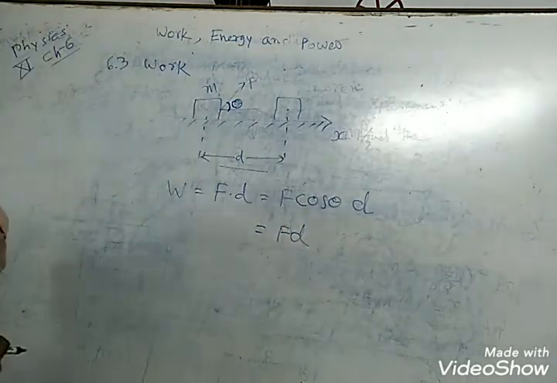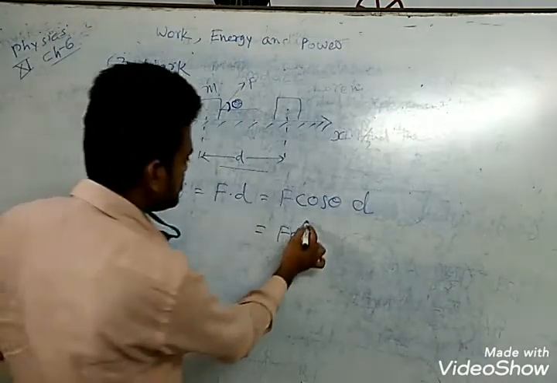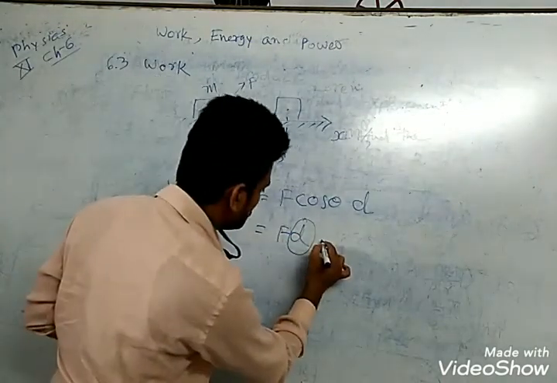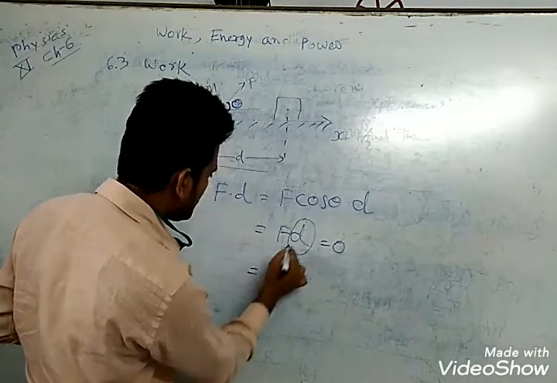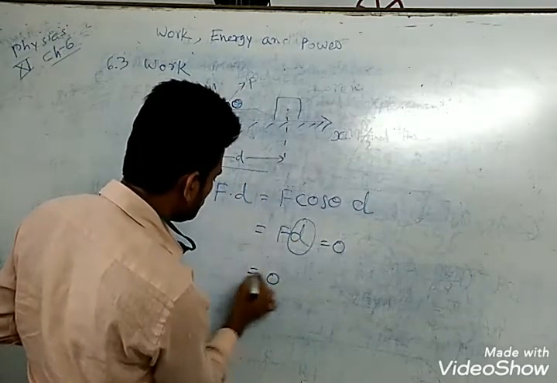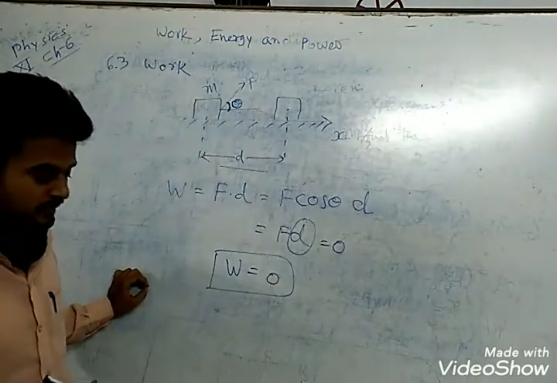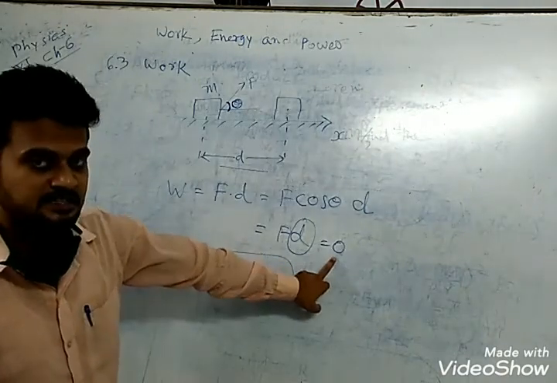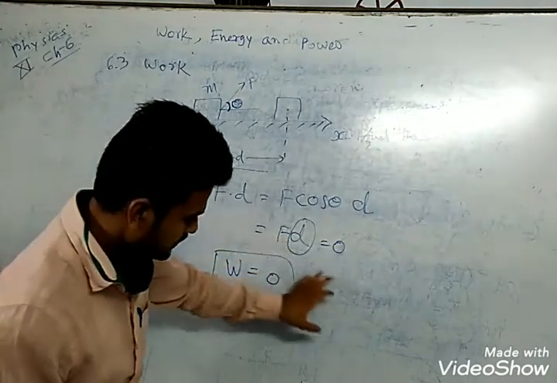Now, no work is done in the first case. Suppose in this case, displacement is 0. Displacement is equal to 0, so F into d is 0, so work is equal to 0. First one is displacement equal to 0, so work is equal to 0.